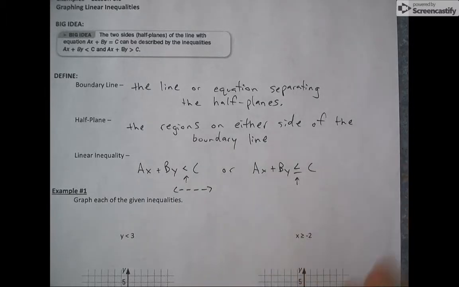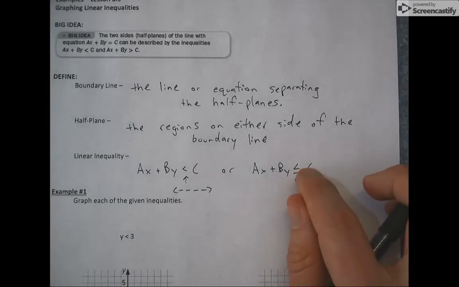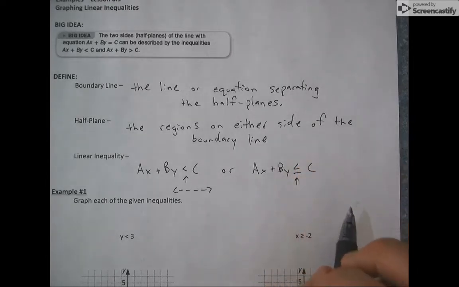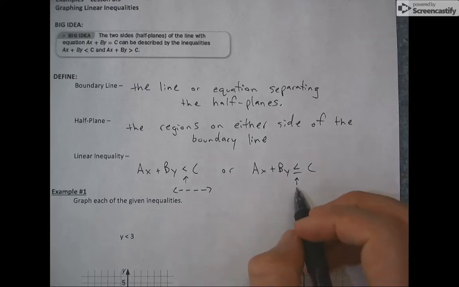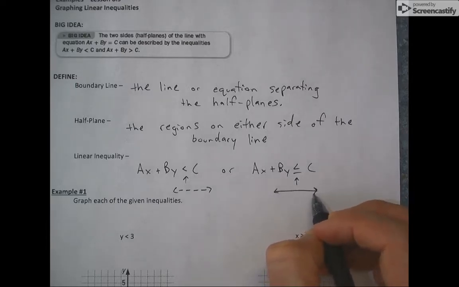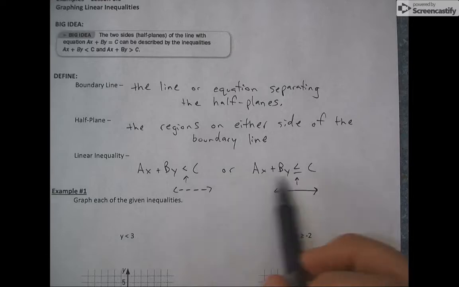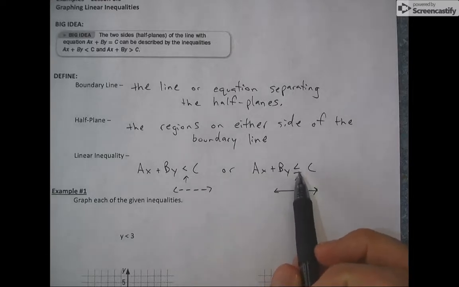And when we looked at our little line graphs and we had a less than or equal to or a greater than or equal to, we filled in the circle because that point was included. So now we're talking about lines, and so we're going to put a solid line to represent this type. So when you look at a graph made by somebody, you should know if it's a less than or greater than, or if it's a less than or equal to, or greater than or equal to.